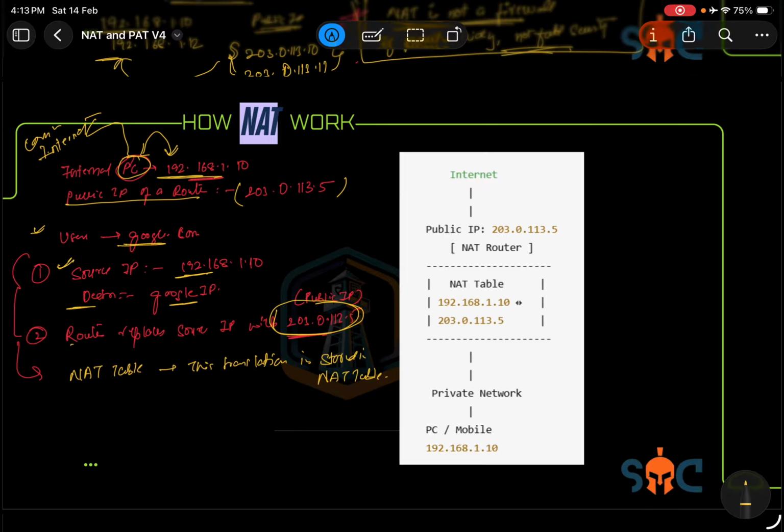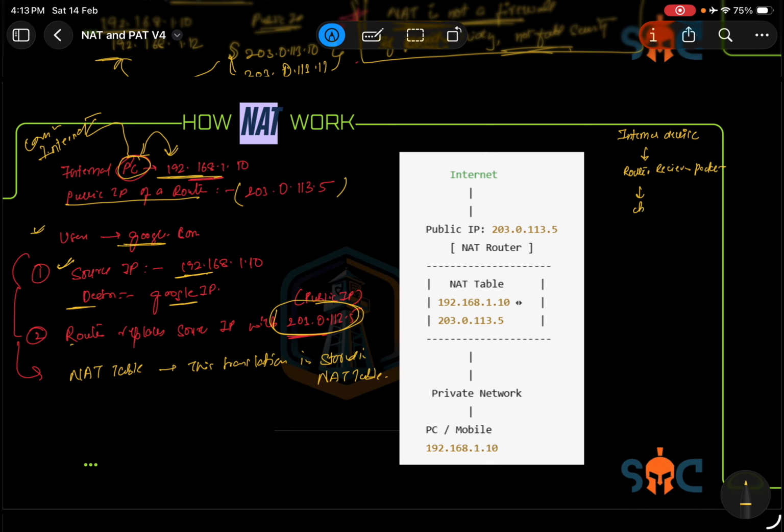So I'll give you a flowchart explanation. Let's consider an internal device. The router receives the packet, in this case for google.com.